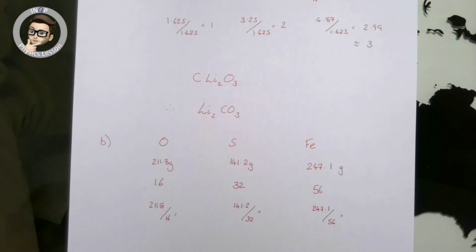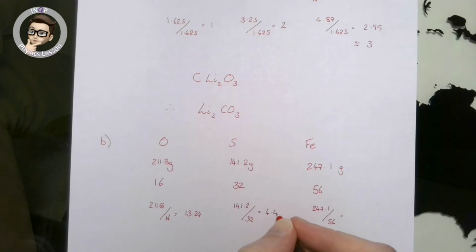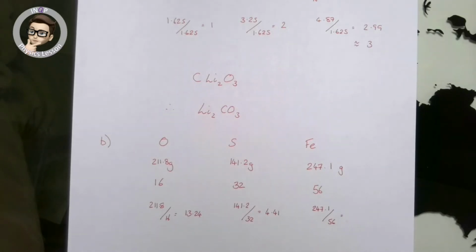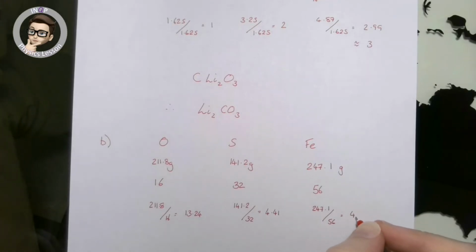Do those on our calculator. 211.8 divided by 16 gives us 13.23, in fact 13.24 if we want to be accurate. 141.2 divided by 32 gives us 4.41. And 247.1 divided by 56 gives us 4.41.